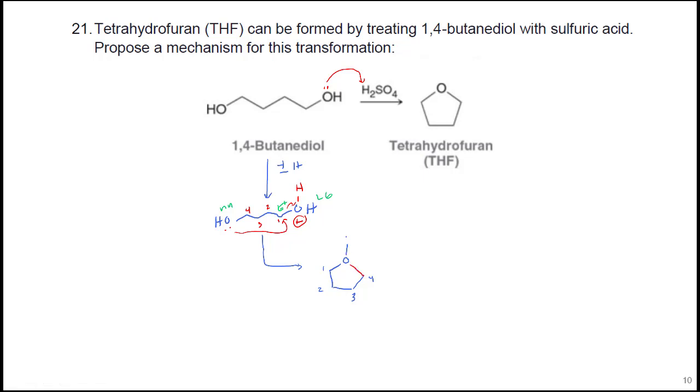And then this oxygen on that alcohol is still there, and there's a positive charge here. And then to get to tetrahydrofuran, we just have a proton transfer where an HSO4 minus can grab that proton and give oxygen back its electron. So that's how you would do that mechanism.